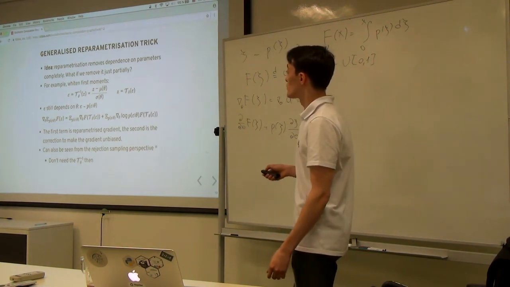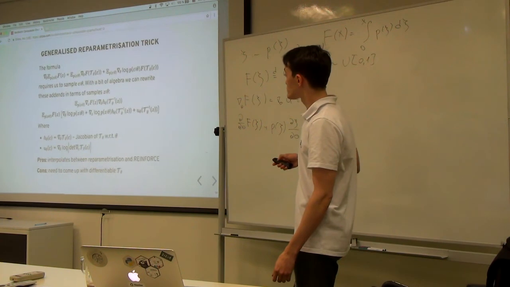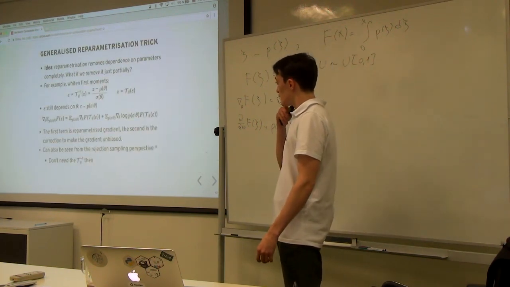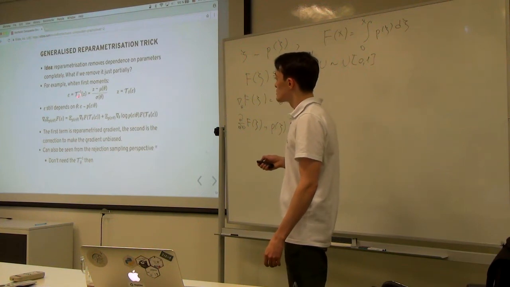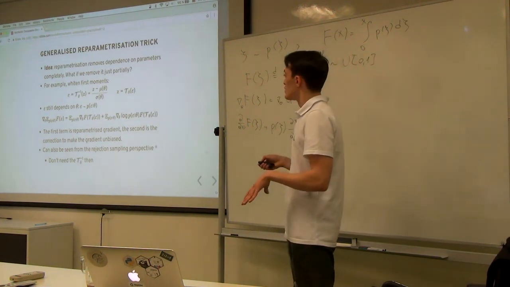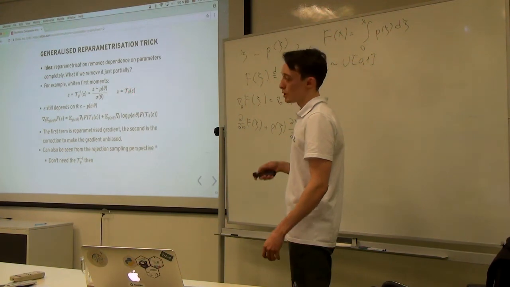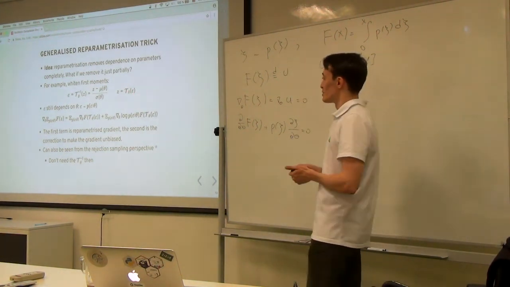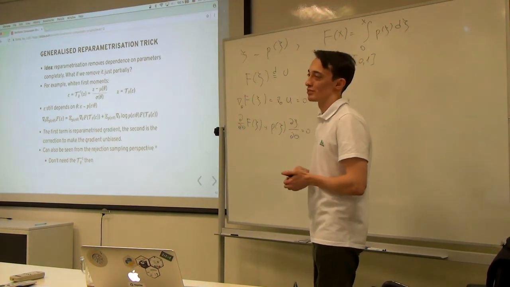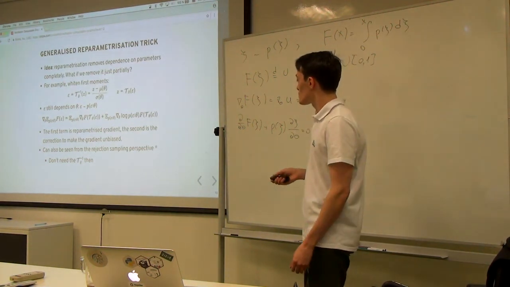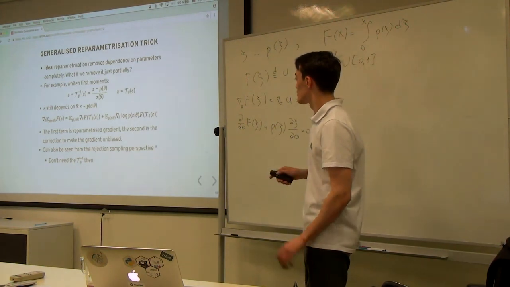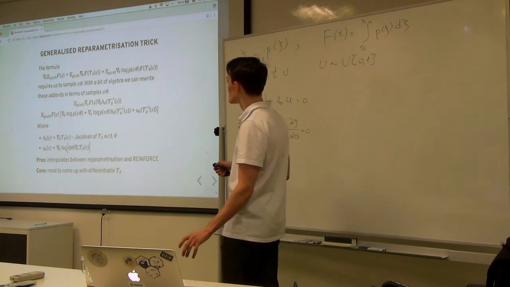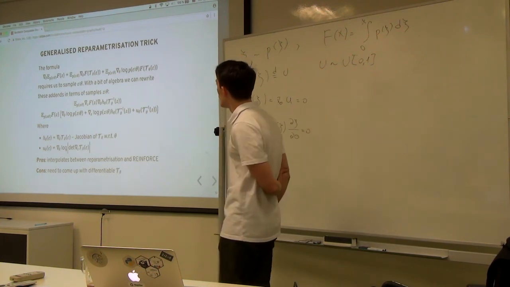But if you can sample them straight away, then you don't need this inverse, and this transformation can be non-invertible. Anyhow, let's not dig into that because I don't want to cover that right now.